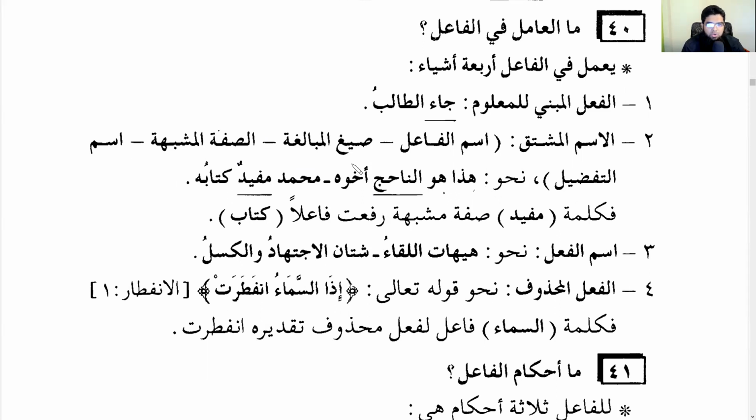نحو هذا هو الناجح أخوه. The word here should be najih, I think, but let me see. Nahaja, what does it mean? I'm not able to find nahaja anything. It should be najih, it's a mistake, I guess. هذا هو الناجح.